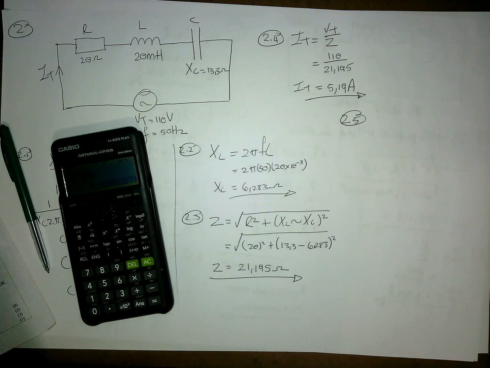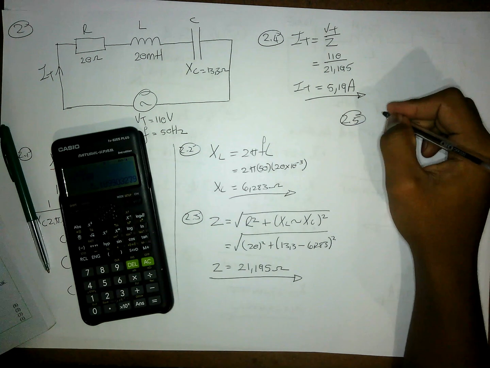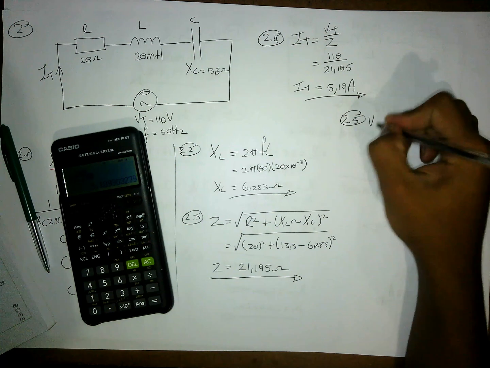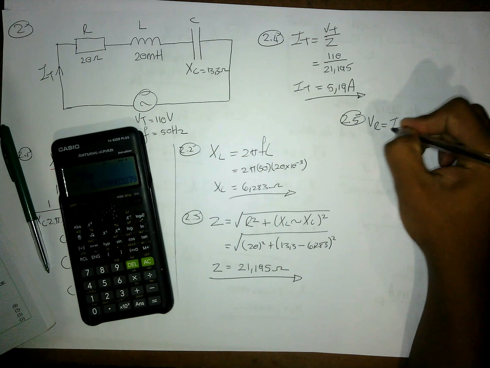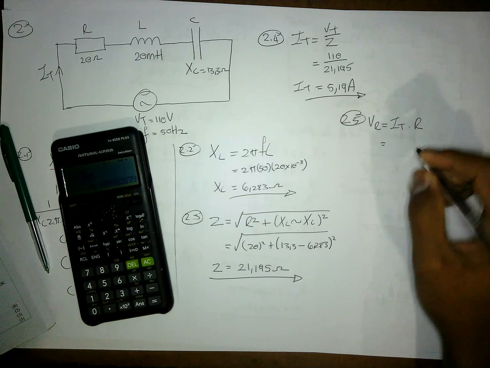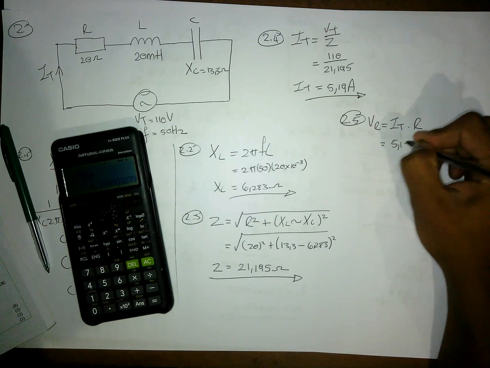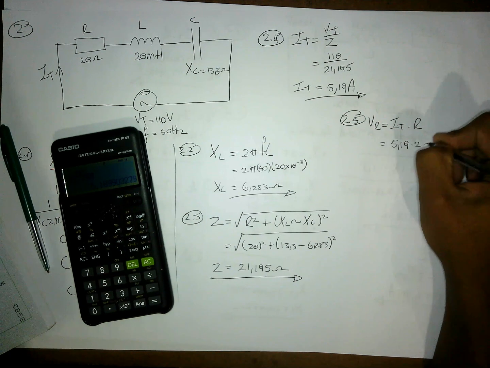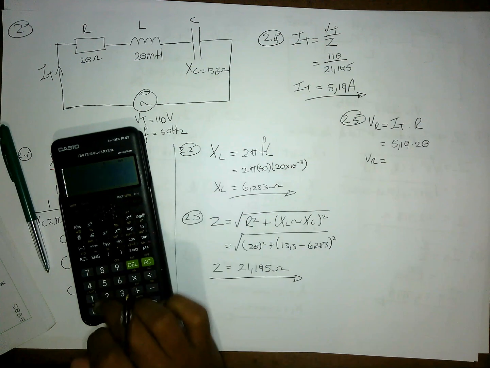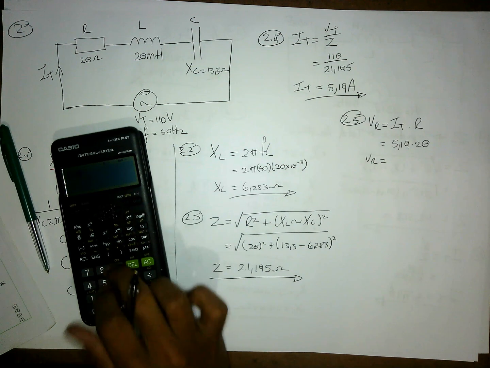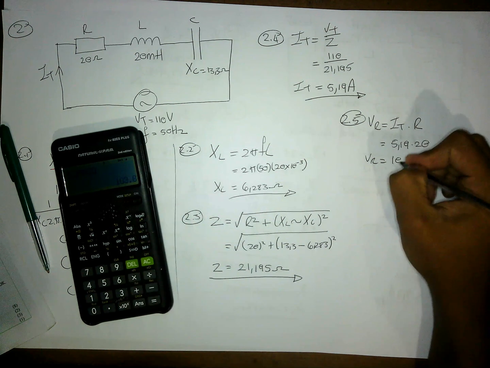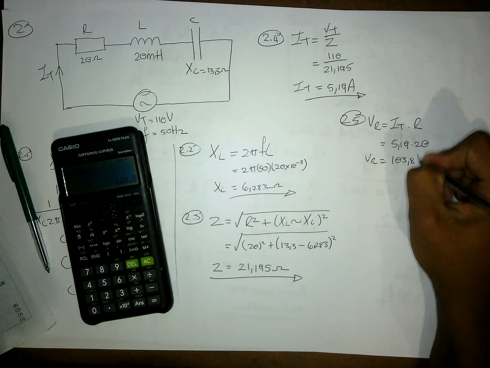It's IT multiplied by. Yes, so VR equals IT times R. IT is 5,19 and our resistor is 20. So 5,19 times 20, 103,8 volts.